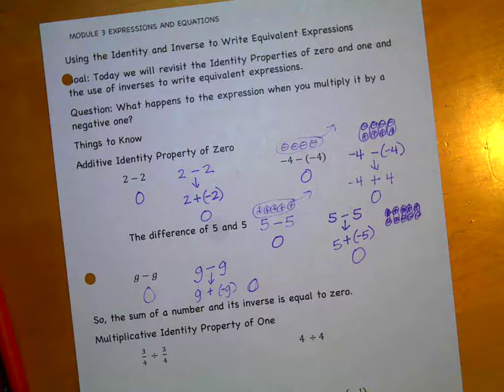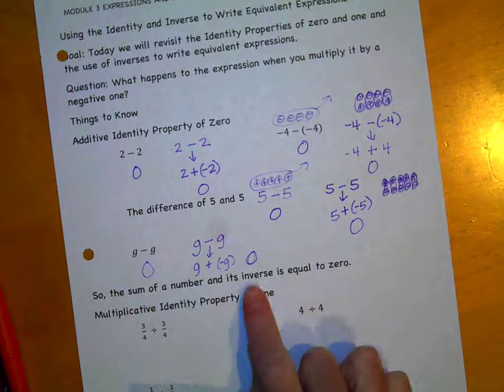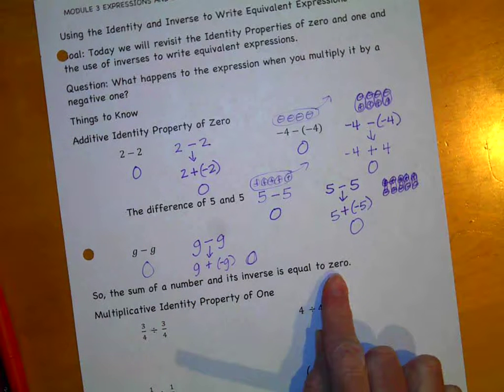And so the additive identity property of 0 means that whenever you are adding the opposite to itself, you're going to get an answer of 0, or whenever you're taking a number and subtracting it by itself, you're going to come up with an answer of 0.